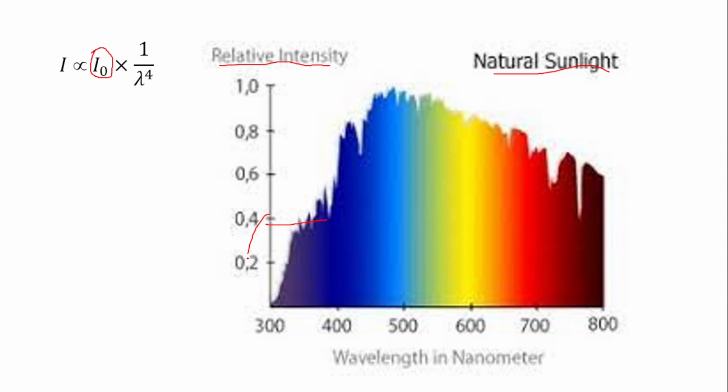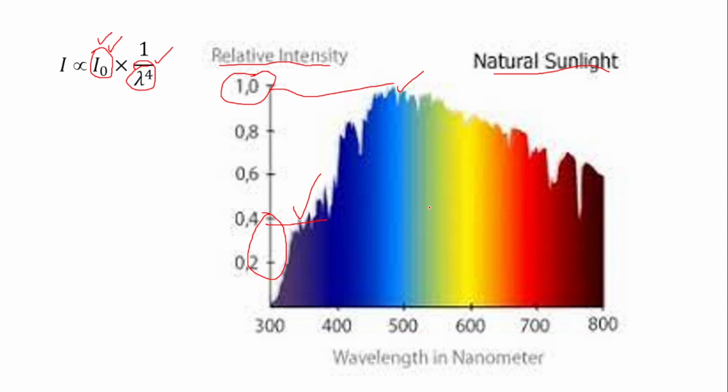So the intensity of blue light in the incident sunlight is higher than all the rest of the colors. So these are the two parameters that contribute to the blue color of sky, that is wavelength and the incident intensity, which is maximum for the blue light.